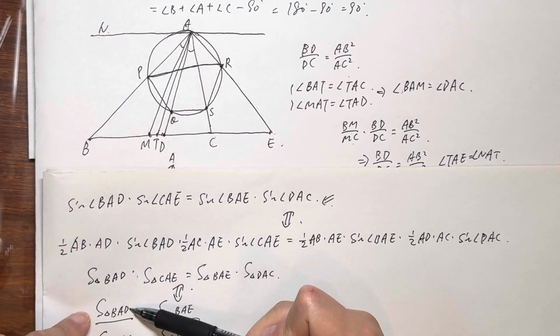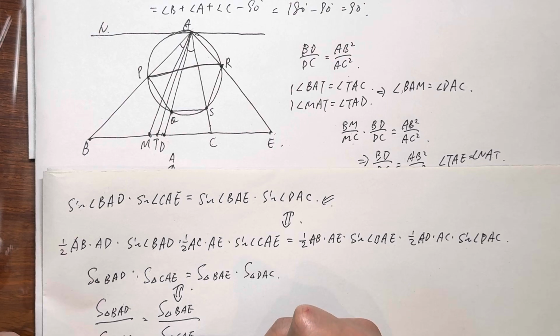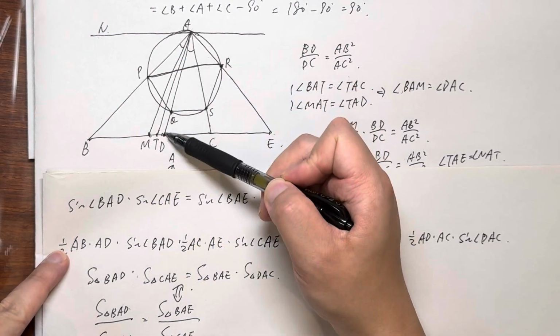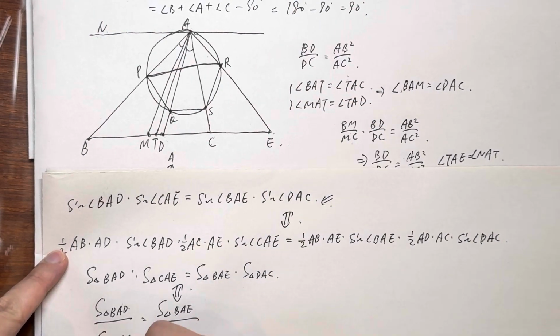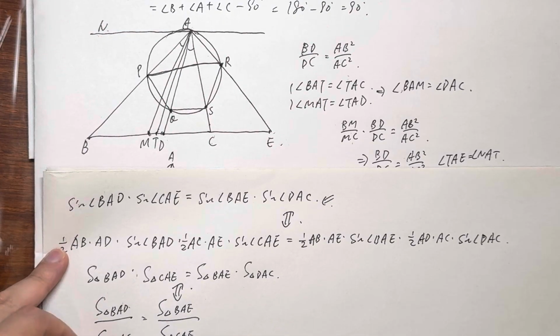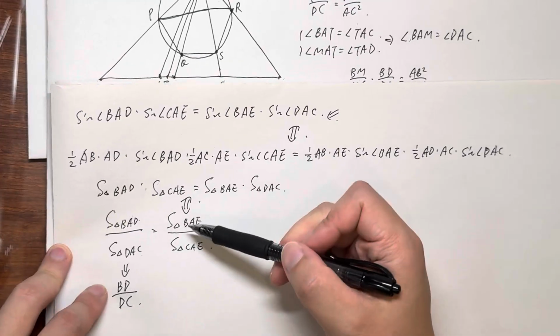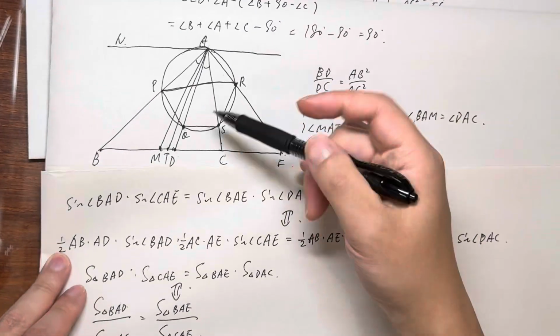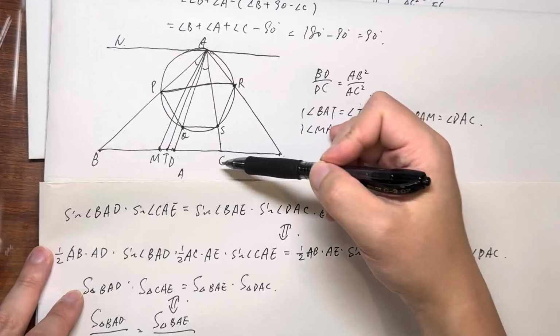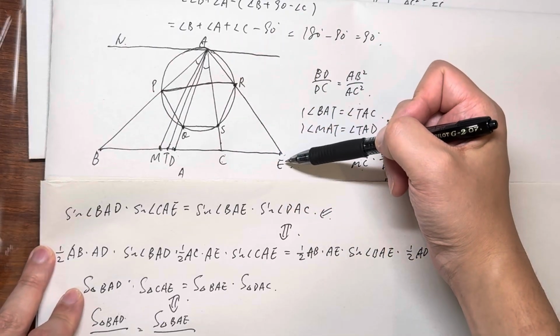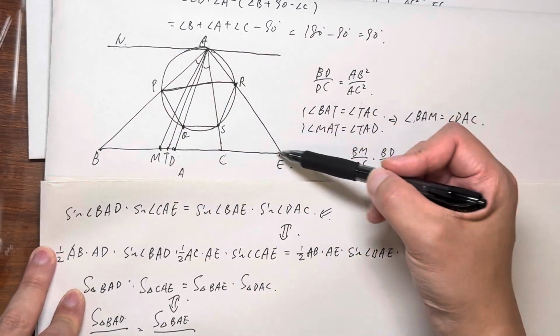And the area of triangle BAD to the area of triangle DAC is BD to DC, right? And the area of triangle BAE to the area of triangle CAE is BE to CE.